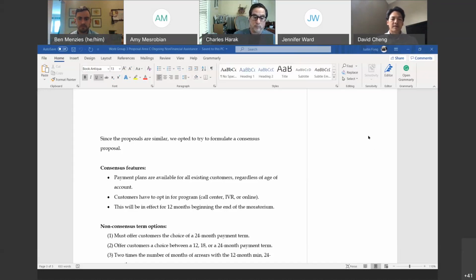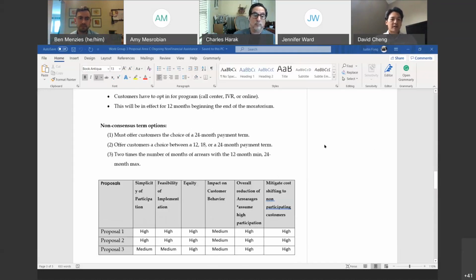And option 3 is to offer 2 times the number of months of arrears, with 12 months being minimum and 24 months being maximum. I think we heard a little bit about this earlier.